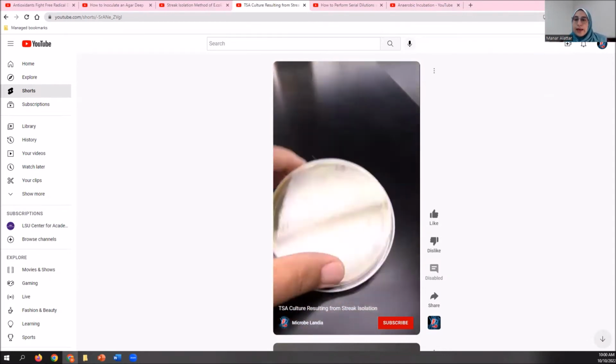Now in the description, you have both the resulting video where you see the plate, but also there's a video of the technique to remind you of how streak isolation actually works, where you streak an initial concentrated streak from another source, and then you sterilize your loop, and then you dilute out through subsequent streaks. So pause and watch that technique video if you want to be reminded of how we did those streak isolations. Okay.